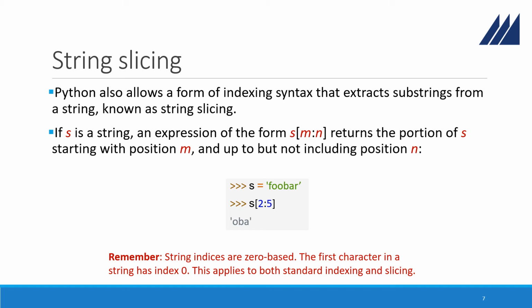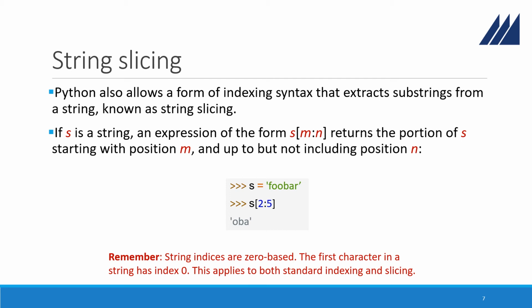Take a look at this example. Let's assume we have the same string, and you can try this one in IDLE. S is this string, which is foobar, and I'm saying give me the part of this string that starts from index 2 and stops at index number 5, but do not include the character at index number 5. So let's take a look.